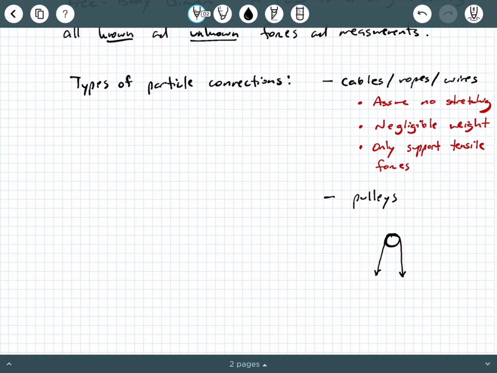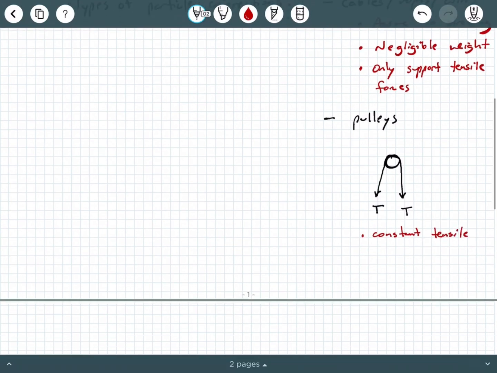Now, those pulley systems have a constant tensile force support throughout the entire length. So for pulleys, you have a constant tensile force throughout the length.